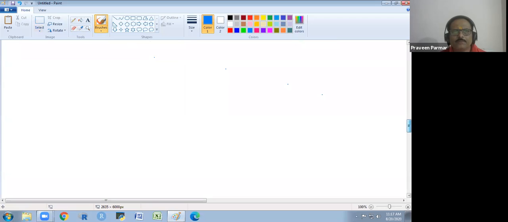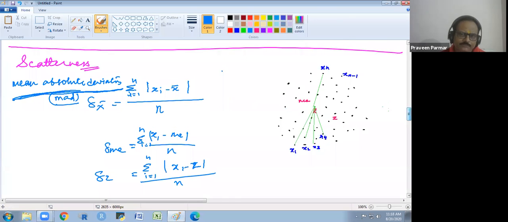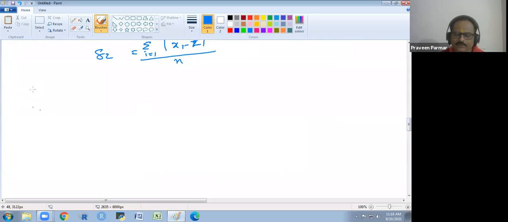In this mean absolute deviation, we have three demerits. What are the three demerits? First one, if you write mean absolute deviation somewhere, say it is 65, then one could not judge from which central tendency this deviation has been taken.